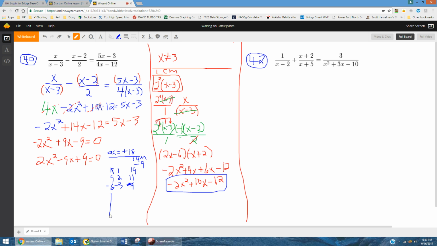And then we use this technique called the box method, or factoring by grouping. We put 2x squared here. We put a plus 9 here. And then from these multiples that I just went to all this trouble to discover, I put minus 6x and a minus 3x in these boxes.